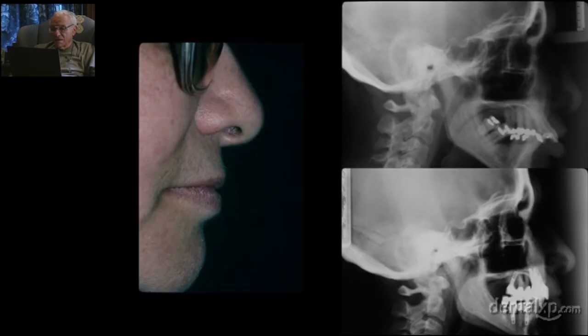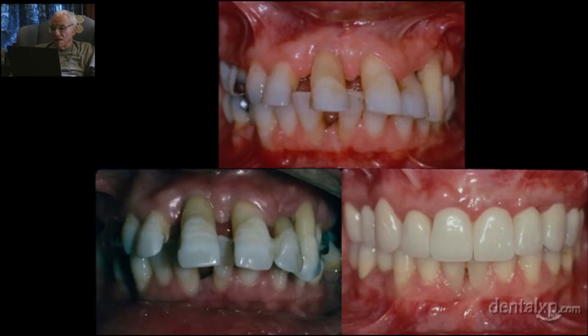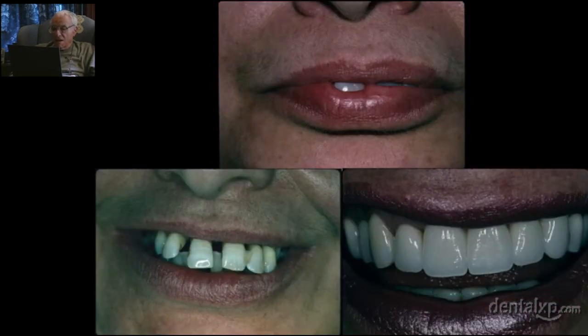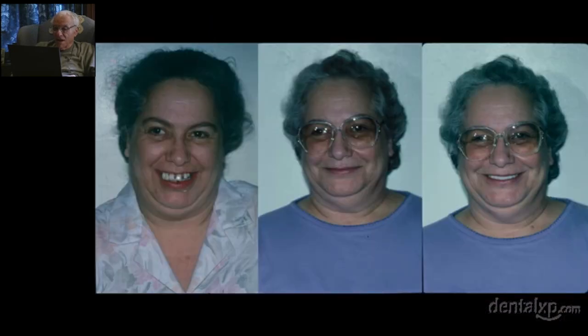And models before tooth movement and after, and the patient quite different. So we saw again the blending of the age of aesthetics as we exited the age of Aquarius.